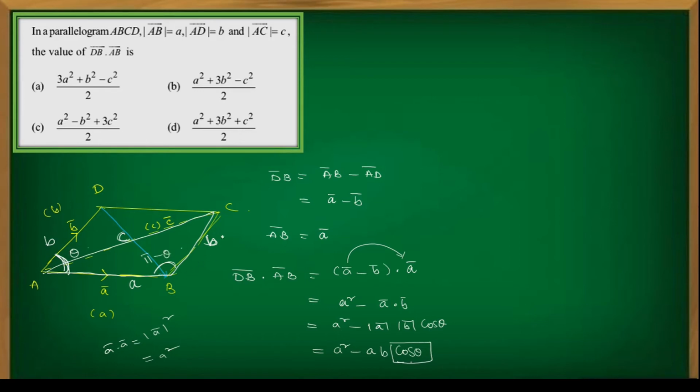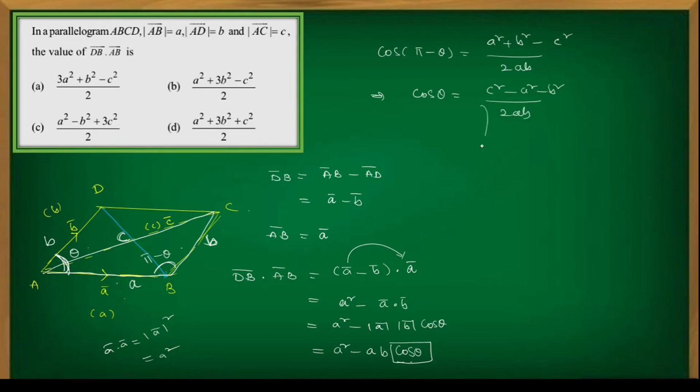So what does the cosine rule say? Cos of pi minus theta is equal to the sum of the squares of the other sides, not opposite to that, A square plus B square, minus the opposite side square, divided by 2AB. But cos of pi minus theta is minus cos theta. So if I take minus common, I get C square minus A square minus B square by 2AB.